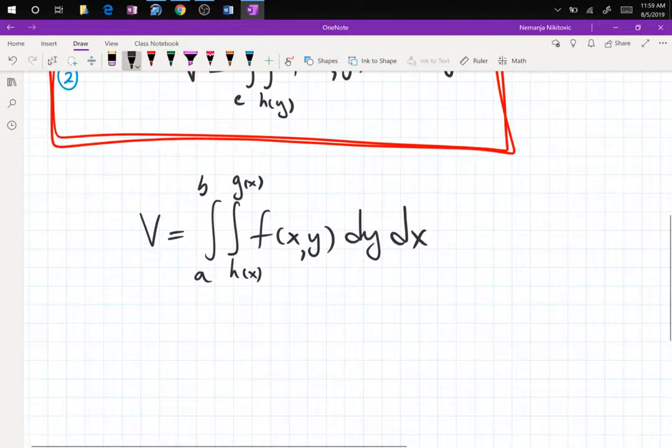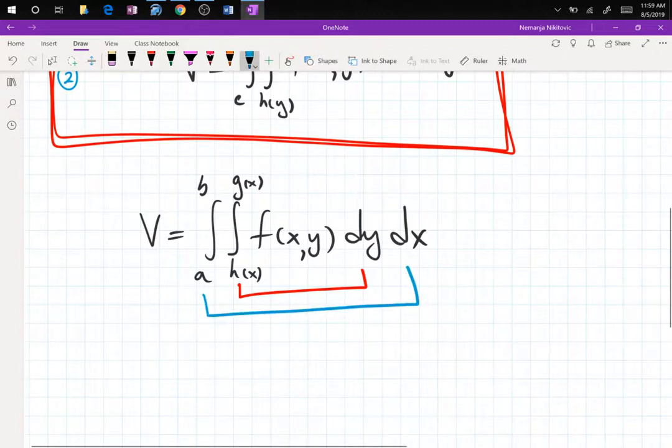First off, the two integrals inside are linked, and the integrals on the outside are linked. When you're setting these integrals up, the outer integral must have numbers as limits, numerical values, because you are going to get a number as an answer.